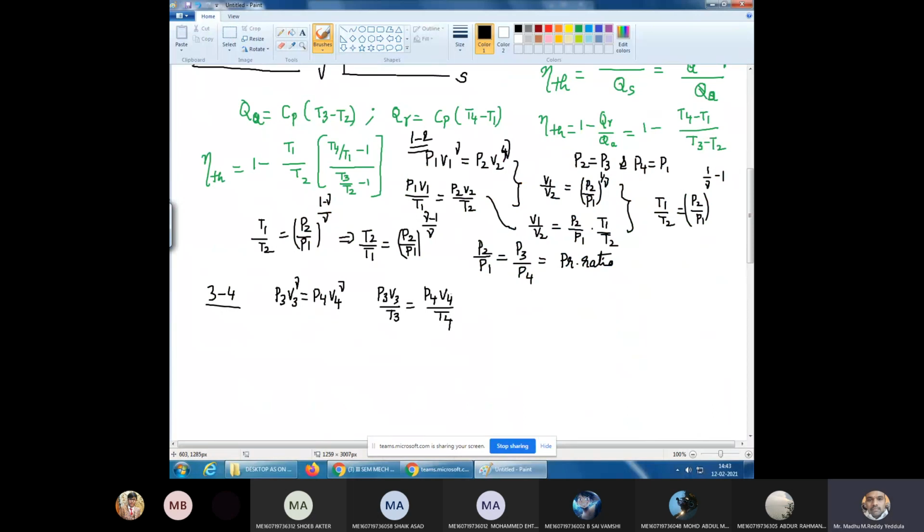Now I want the relation between temperature and pressure. Can anyone tell me? In the same way you tell me. So by using these two, I can write T4 by T3 is equal to P4 by P3.